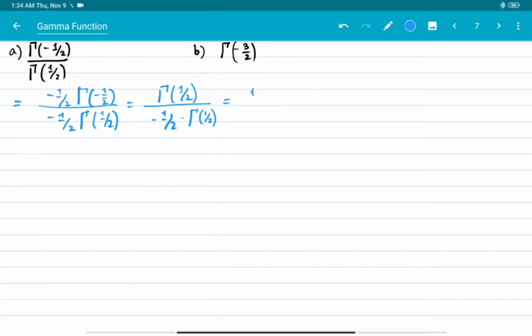So this is 1 over minus half, which gives minus 2.